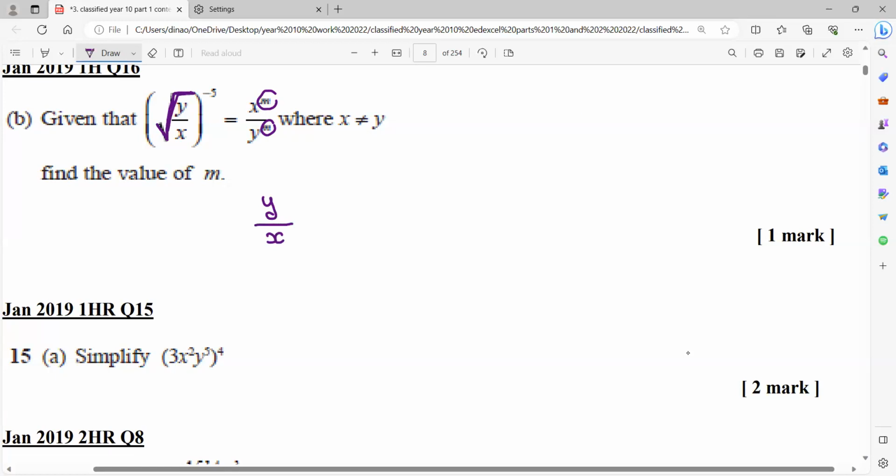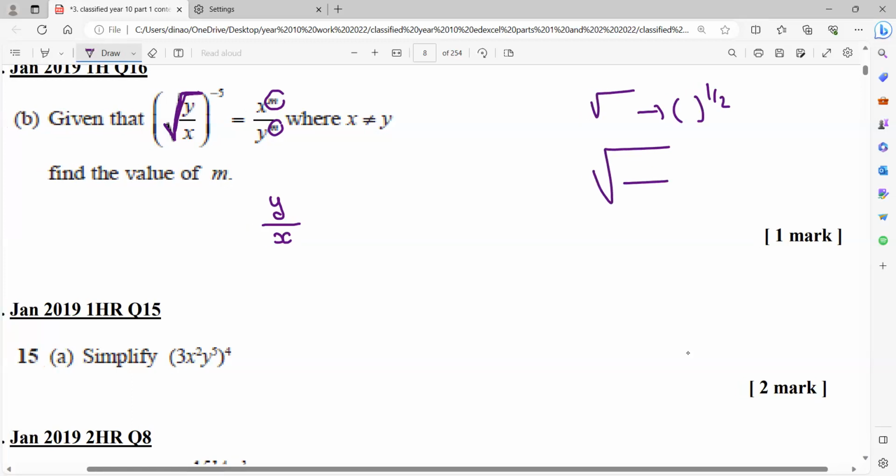Now, remember what we said about square root? Yes, square root could be written as power half. I want to say something else, but first, sorry, y first. If I have a fraction under one root, I am allowed to separate it as follows.